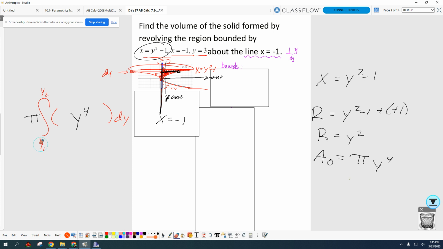Ananya, what's the lower y bound? Zero. Francesca, how do we know it's 0? Where do these intersect? Where does x equals y squared minus 1 equal x equals negative 1?